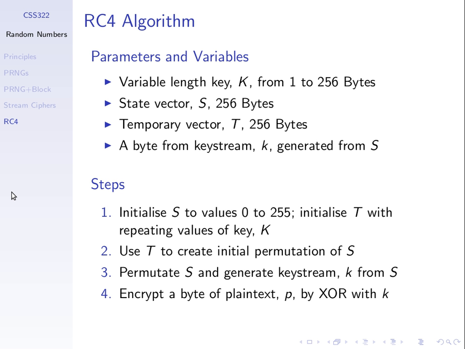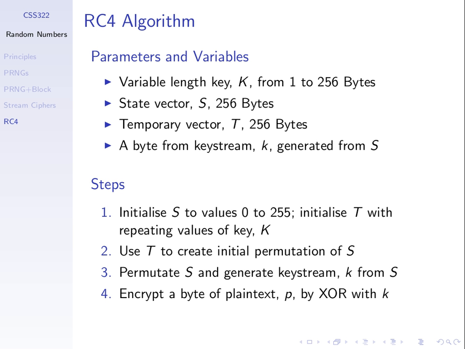It has a set of parameters and variables in the algorithm. We will look at the basic algorithm, and go through an example with a simplified version, just to demonstrate it. A variable length key, K, so 8 bits up to 2048 bits in length, so the user can choose the length of the key there.